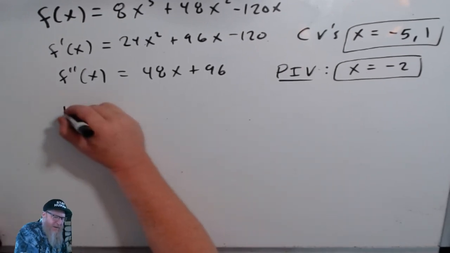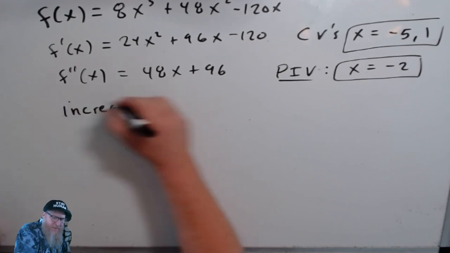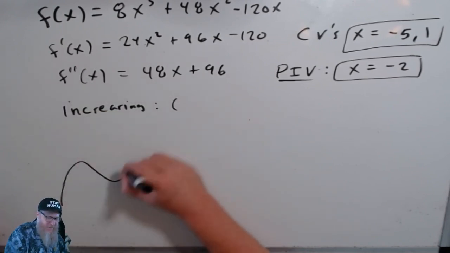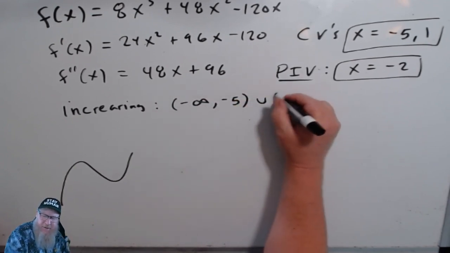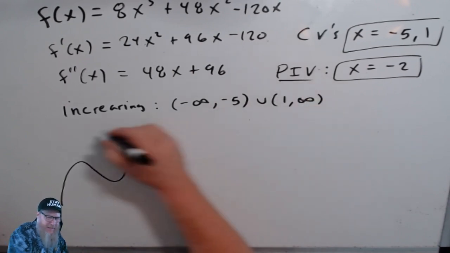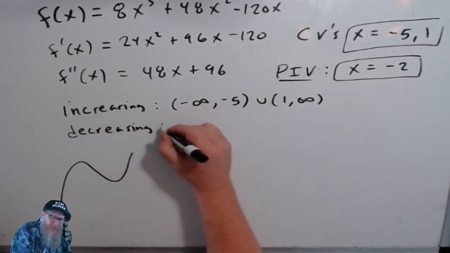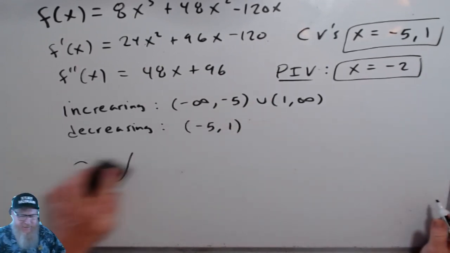You have increasing from -infinity to -5, union 1 to infinity. You have decreasing from -5 to 1.